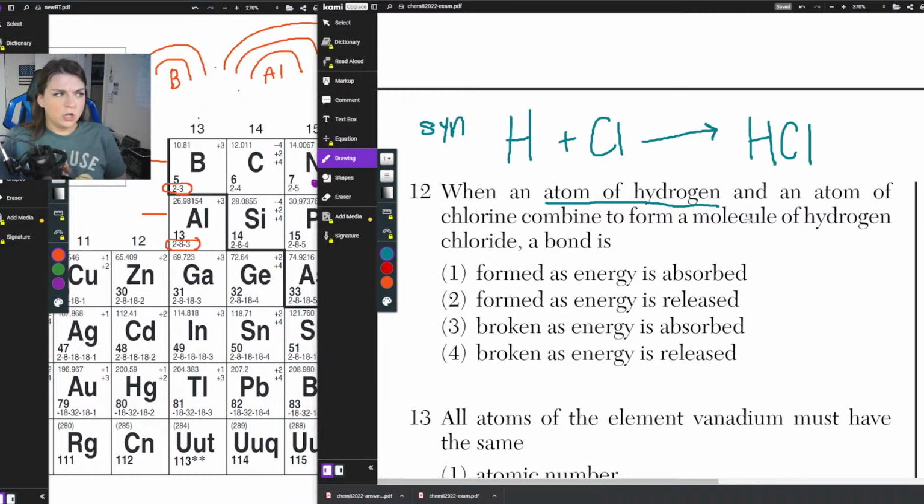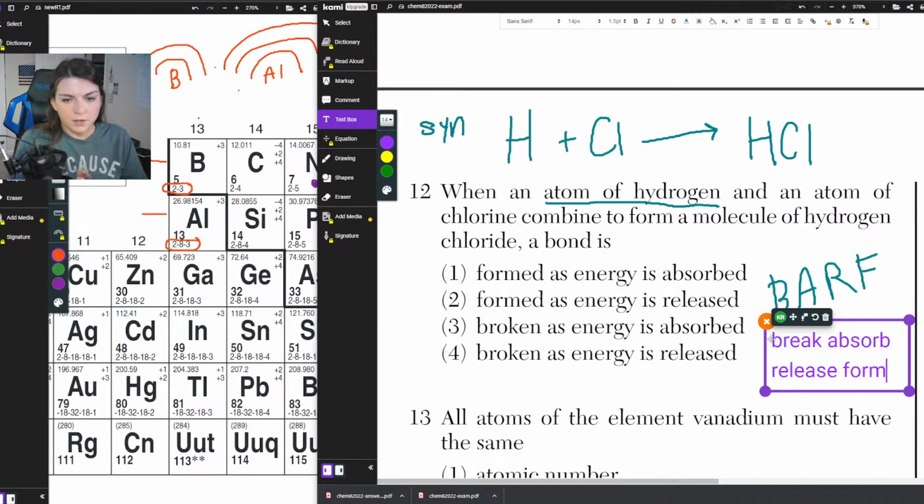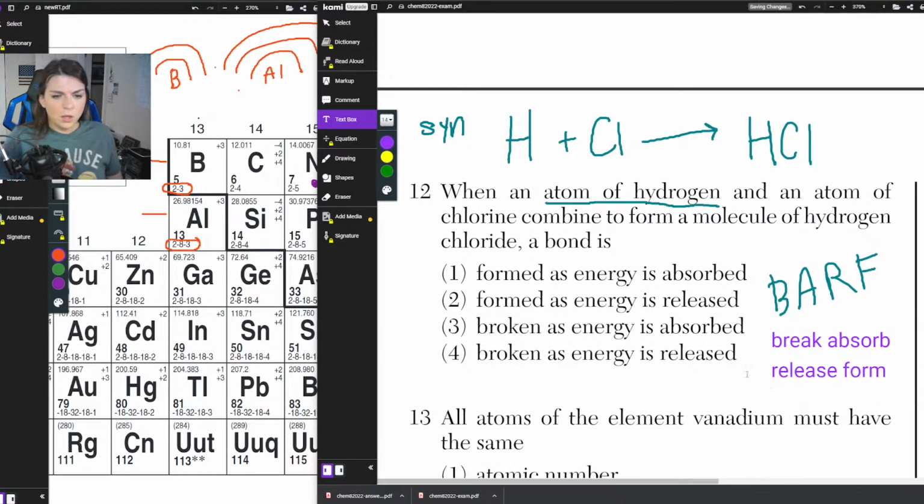I hope your teacher taught you this acronym, because this is a really good acronym. This is BARF. We went over this in the last test also. So in BARF, and excuse me, this keyboard is going to be very loud. BARF is just an acronym to tell you what happens when bonds are broken or bonds are formed.